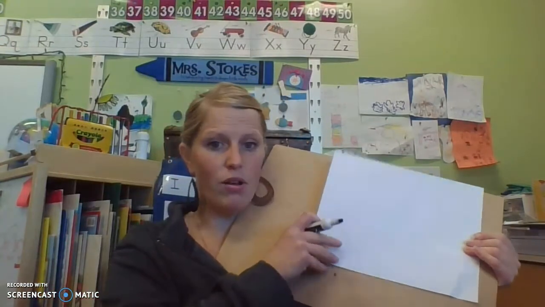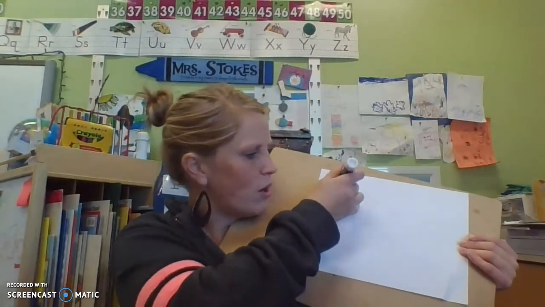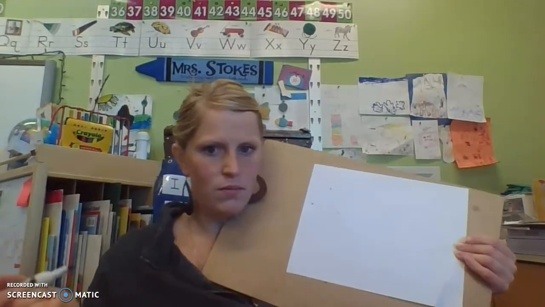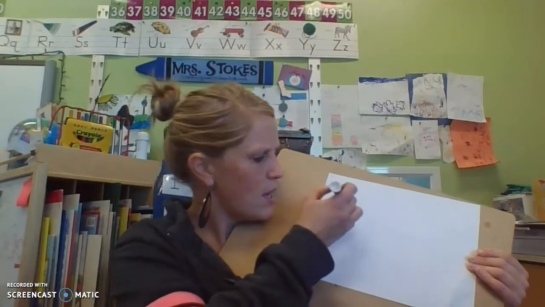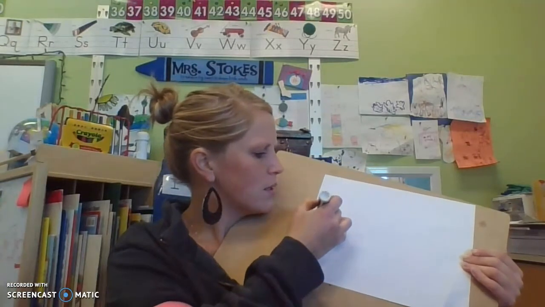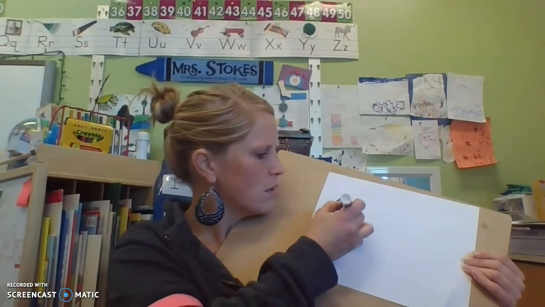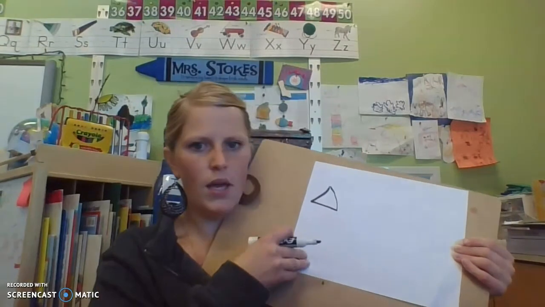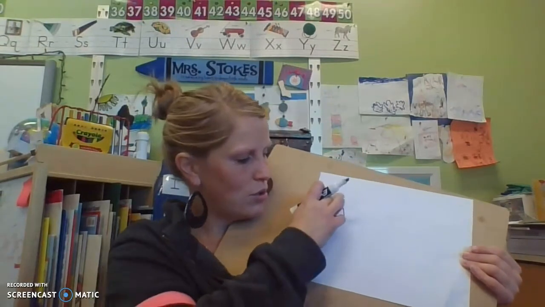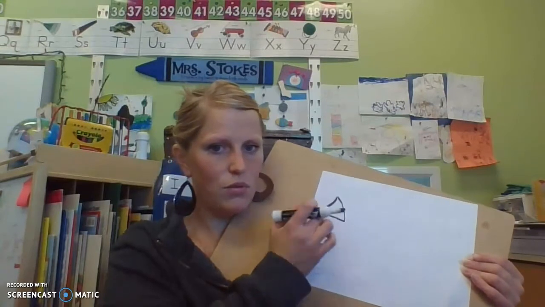And we know that a triangle has 3 vertices. So I'm going to draw 1, 2, 3. You see my 3 dots for my vertices? And then I'm just going to connect my dots. Okay, so I just made a triangle. It has 3 vertices and 3 sides.